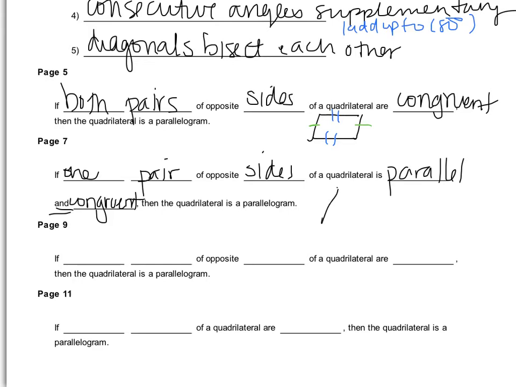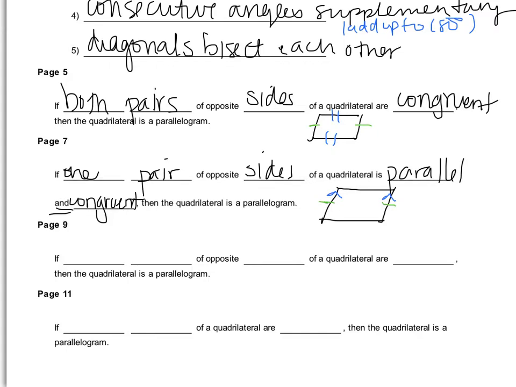So if I have a shape here, and I'm told that the left and the right are congruent, and I'm also told that the left and the right are parallel, remember those arrows represent parallel, then it has to be a parallelogram.